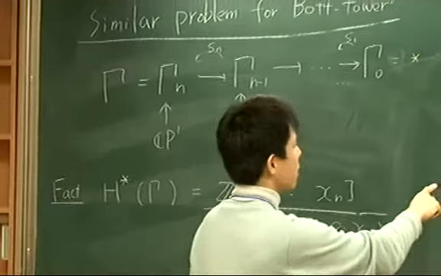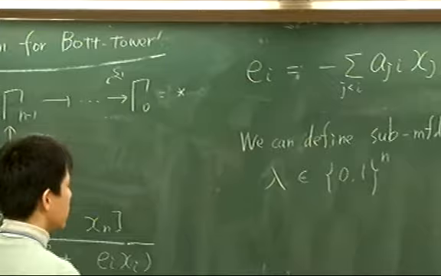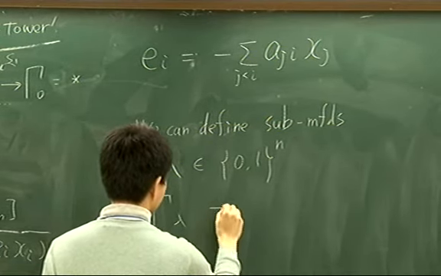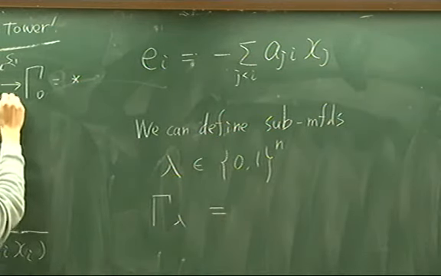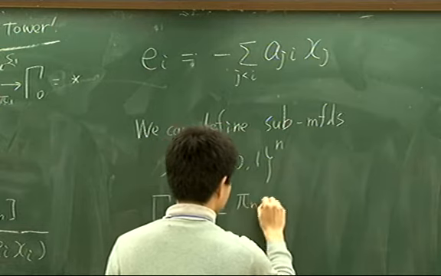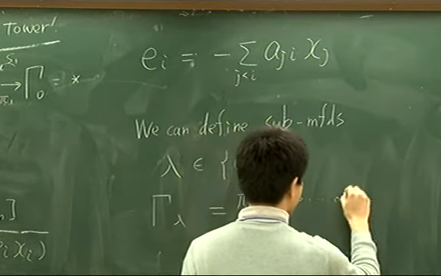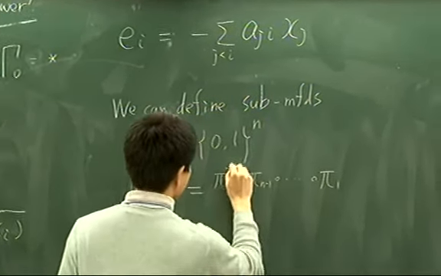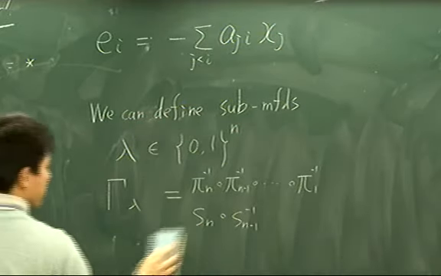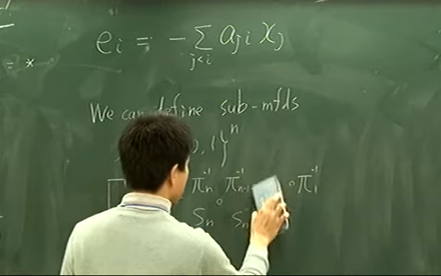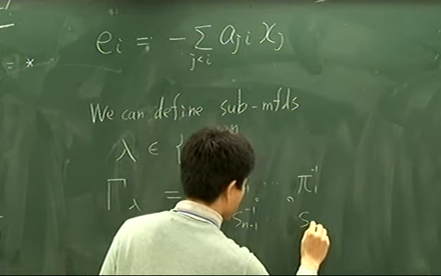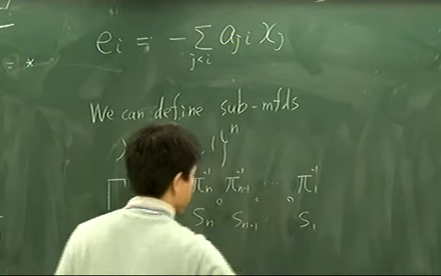Okay, so for each lambda in the power set of {0,1}, we can define some manifold gamma lambda as the image of the inverse... I need a lot of notation... not the inverse of a point.